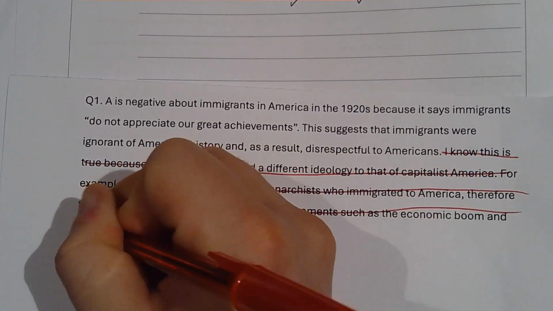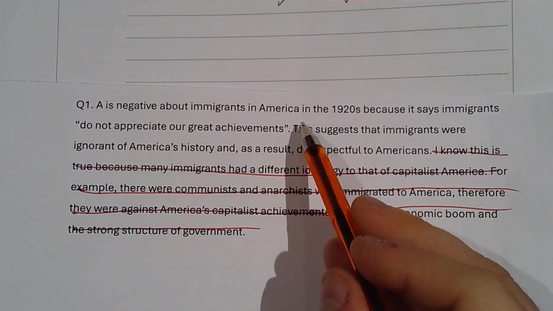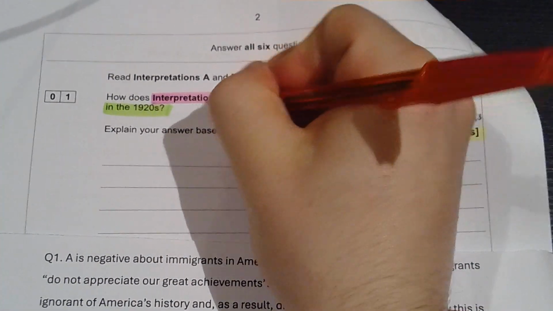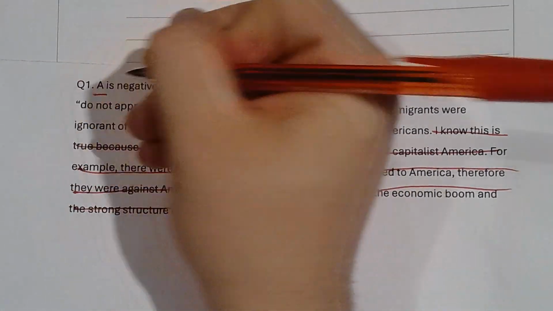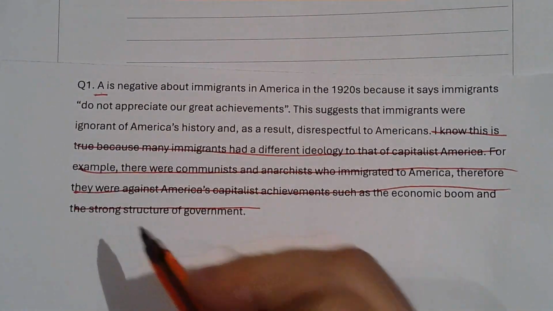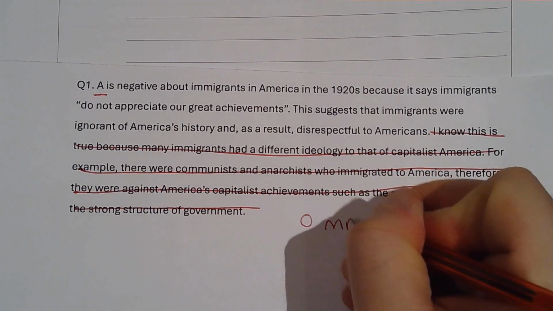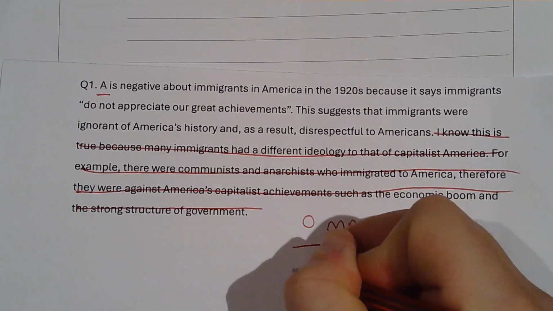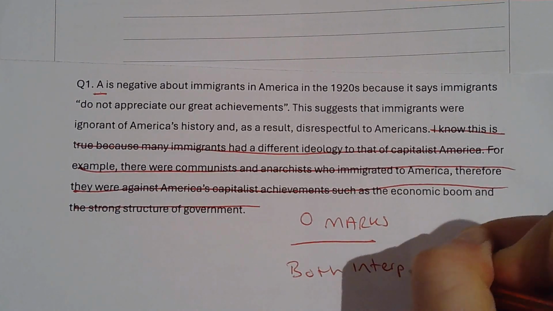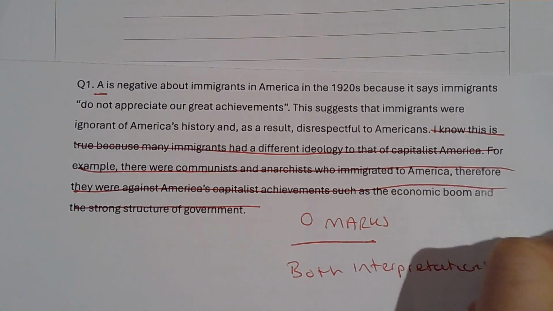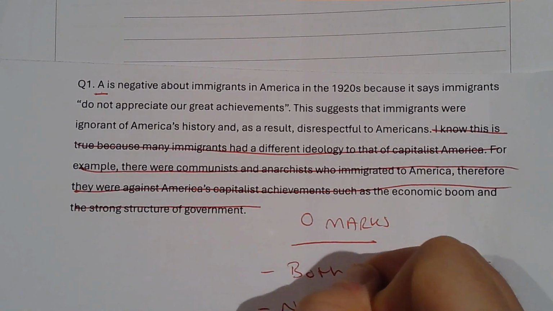It's not needed. And ultimately, what you've not done is you've not answered the question. It's asking you about how they differ. And if you only write about A and don't write about B, you will get 0 marks. So you need to talk about both interpretations, and not use own knowledge.